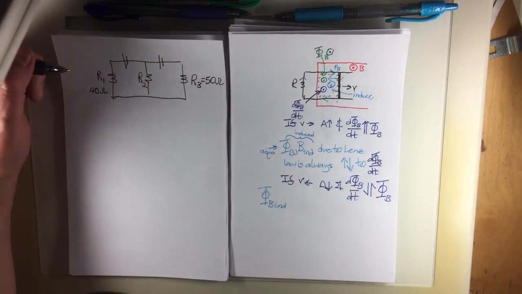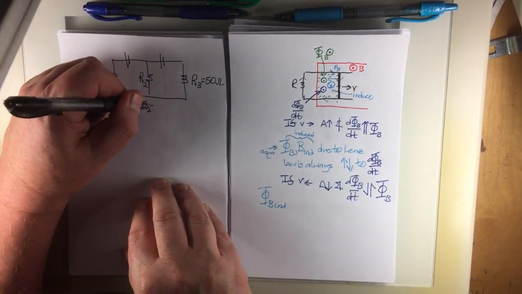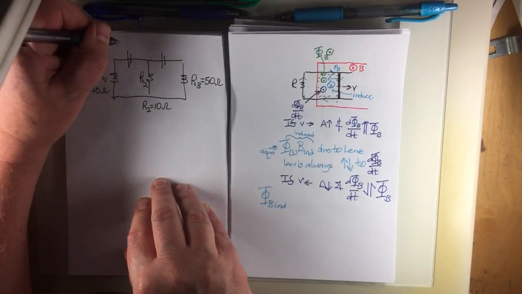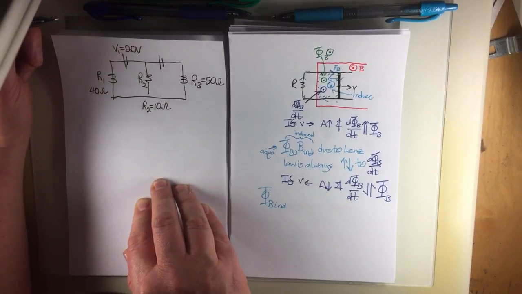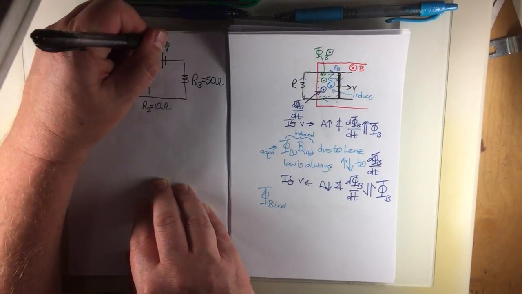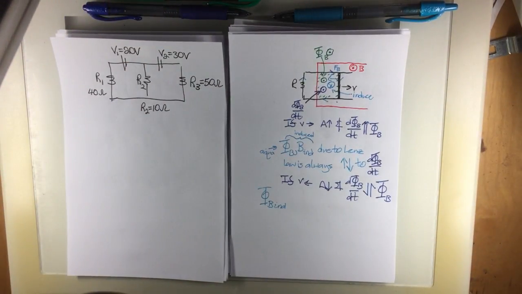And R2 will be 10 ohms. V1 will be 20 volts. V2 will be 30 volts. The question for all of this is, does the current through R2 go up or down, and with what magnitude? That's all I want to know for the Kirchhoff's law. That's enough.